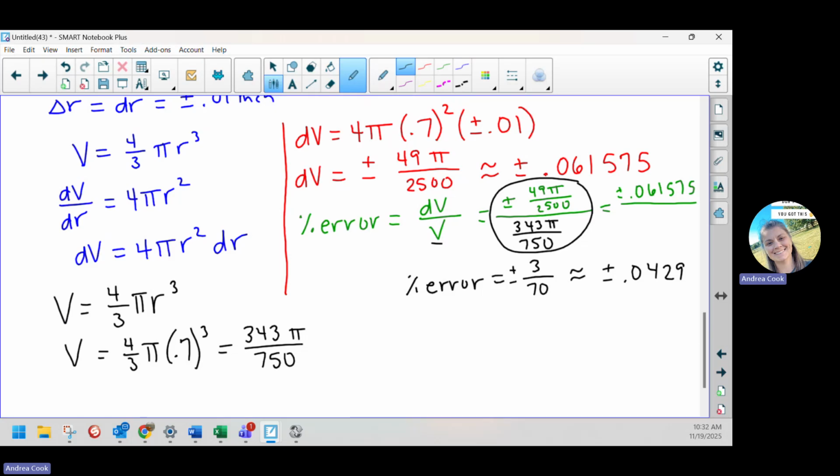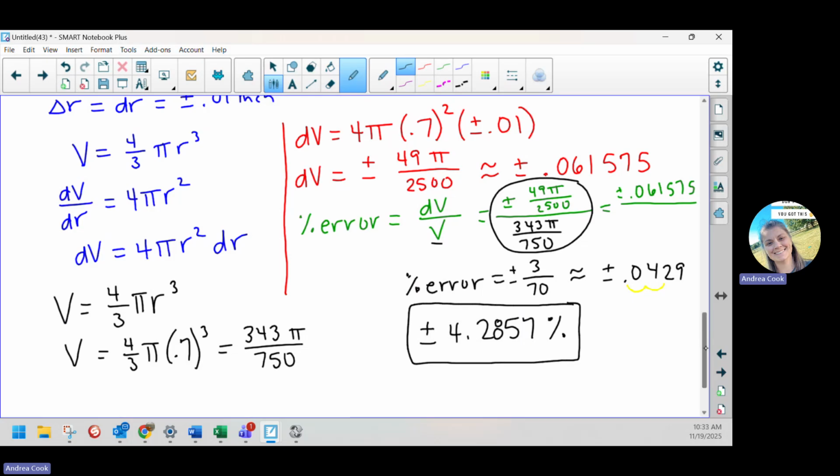So again, that is not a percent. We have to change it to a percent. So you have to move the decimal 2 places. So take that decimal 1, 2. So as a percent it is plus or minus 4.29. And if I put it to more places, it's actually 4.2857%.